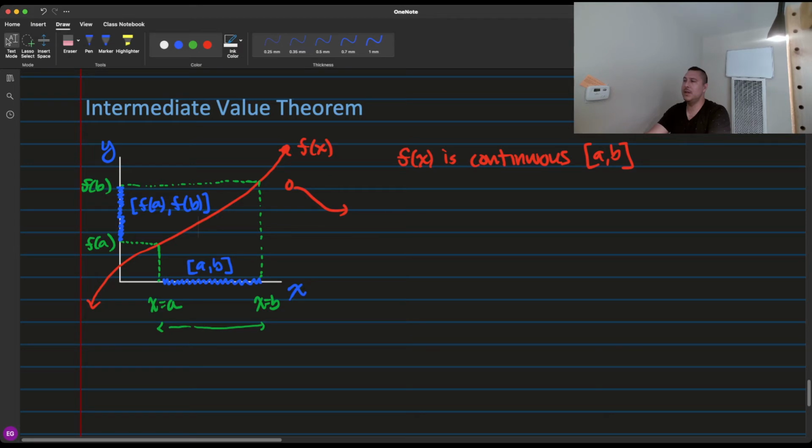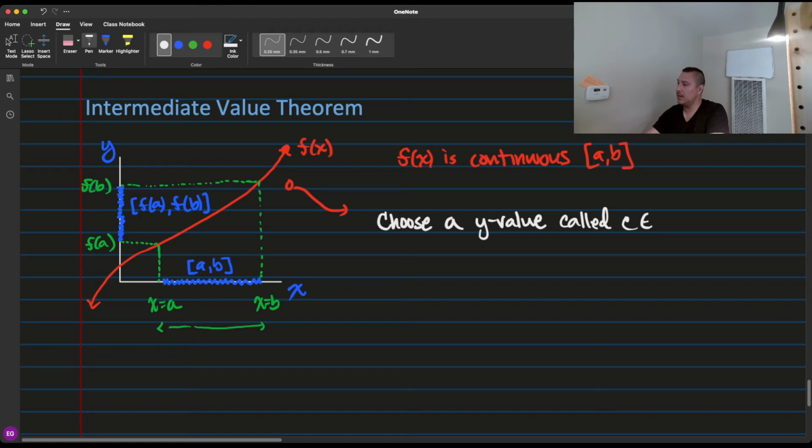So this is what the intermediate value theorem says. The intermediate value theorem says that you can choose a y value, which we will call d, in that interval of y values between f of a and f of b.